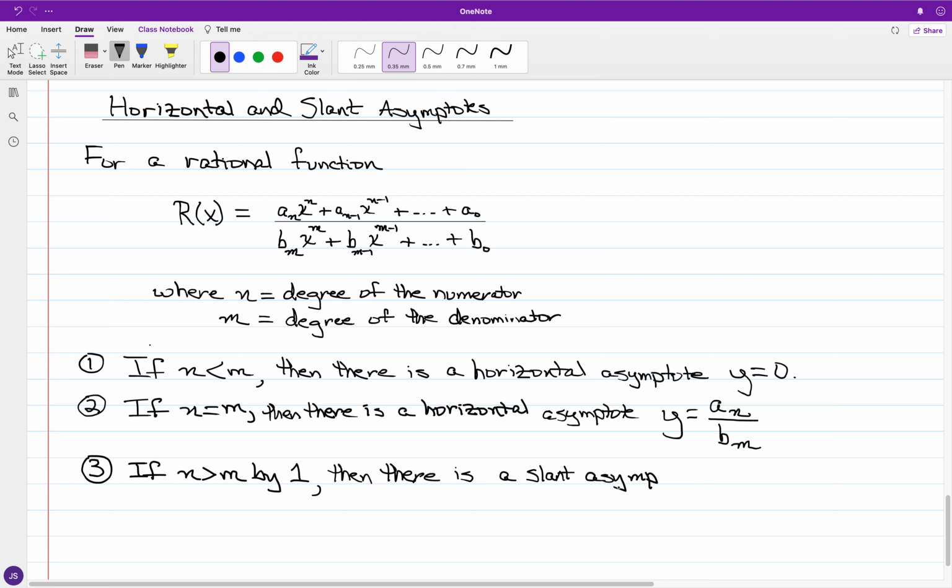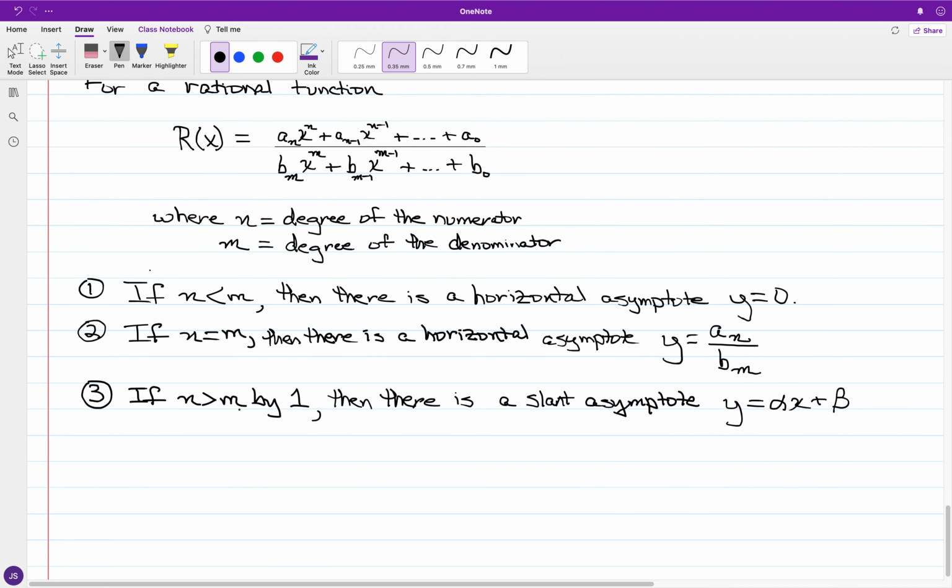The slant asymptote is going to be a straight line, and I'm going to express it like another way of writing the slope-intercept form. Normally I would say y is equal to mx plus b, but I've already used up m as the degree of the denominator. So I'm going to say y is equal to alpha x plus beta. Alpha would be like the slope of the slant asymptote, and beta would be the y-intercept. So if n is greater than m by 1, then you're going to have a slant asymptote.